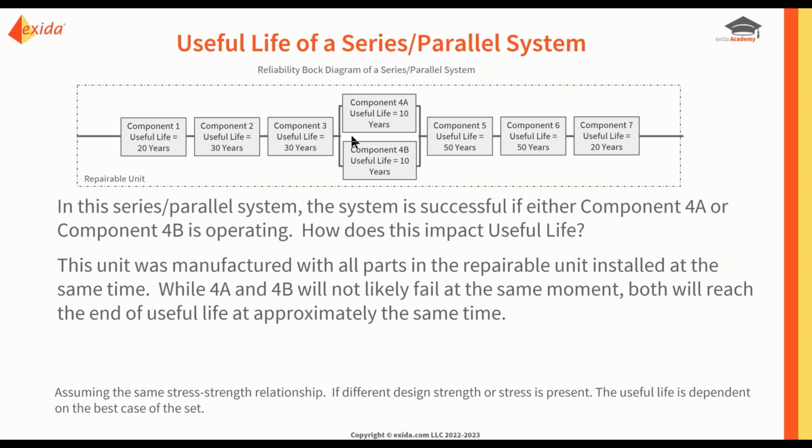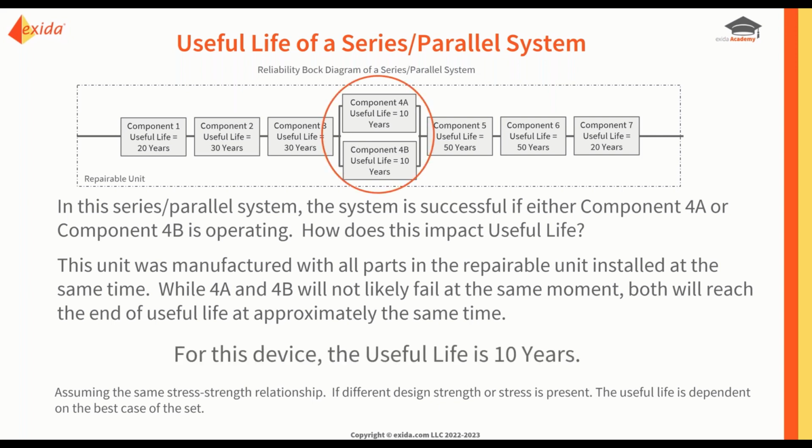The components have virtually identical strength probabilities. And so if we really think about it, component 4A will fail not exactly at the same time, but they will reach useful life at approximately the same time. And we have not improved useful life.